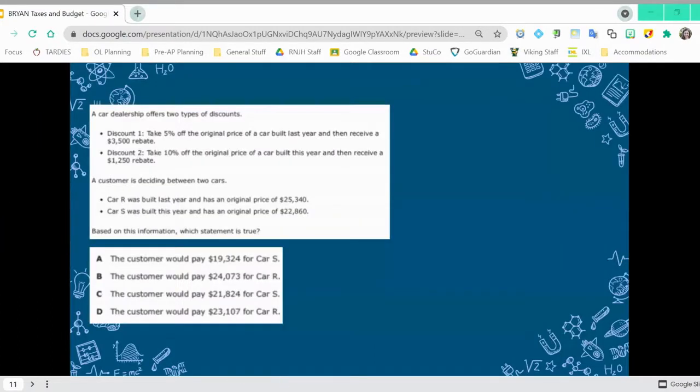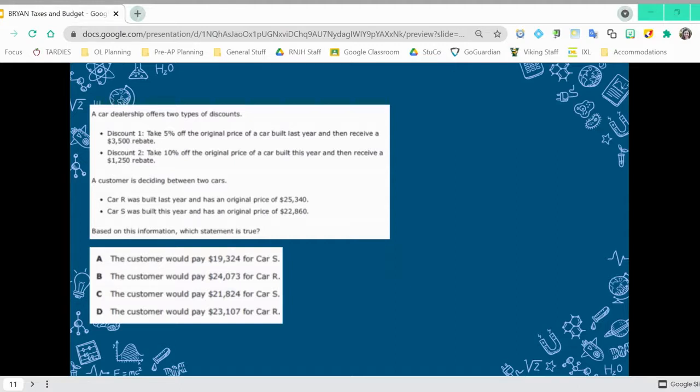Our next problem we're going to do deals with discounts. This problem says a car dealership offers two types of discounts. Remember, a discount is when you save money on something. Discount one is take 5% off of the original price of a car built last year and then receive a $3,500 rebate.